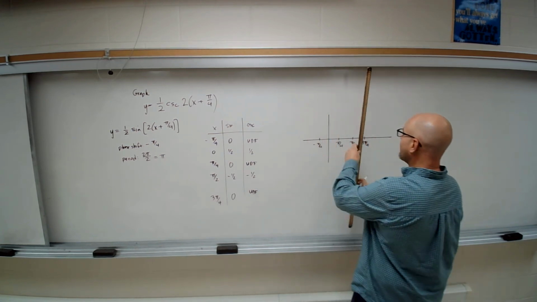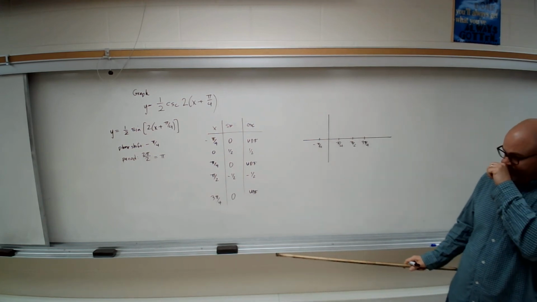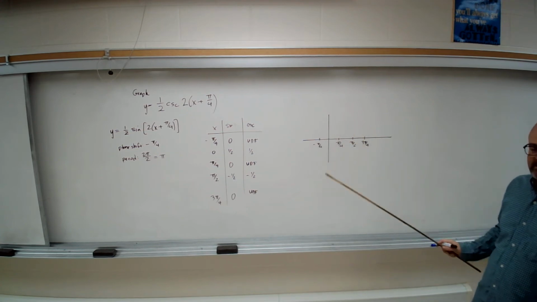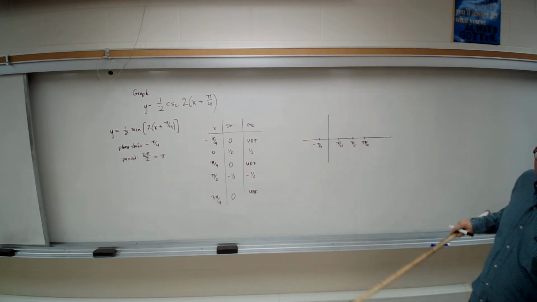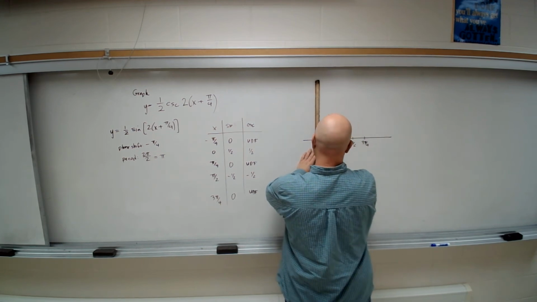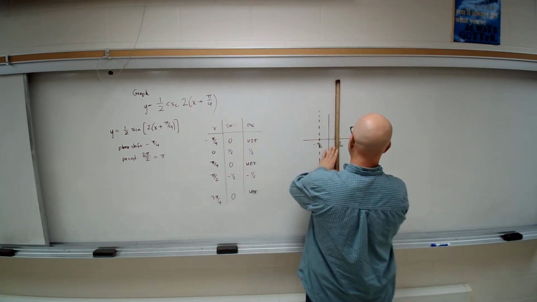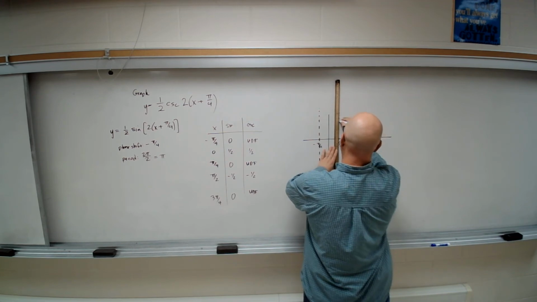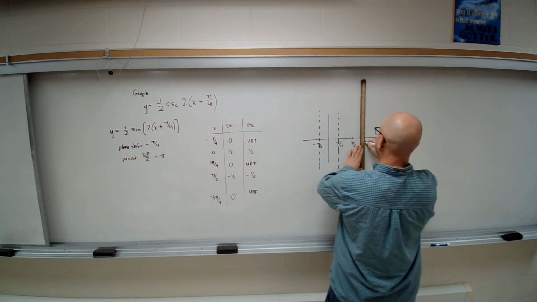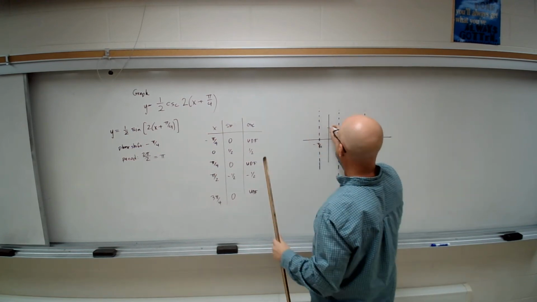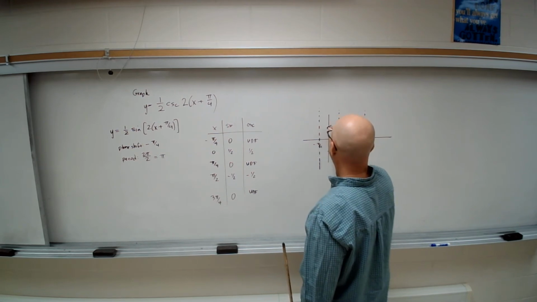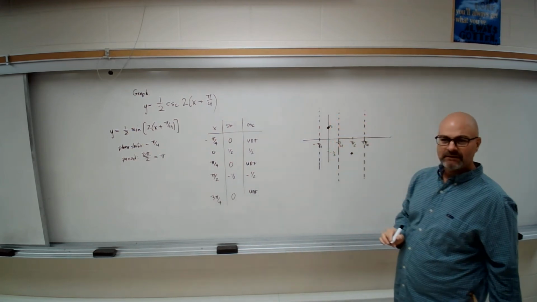And something I like to do too, if I have a vertical asymptote on the y-axis, which I don't in this case, is I just extend it up above it and below it, but there's not one there. So we get here, here, here. We have 1/2, negative 1/2, so that's up here, and then down there.